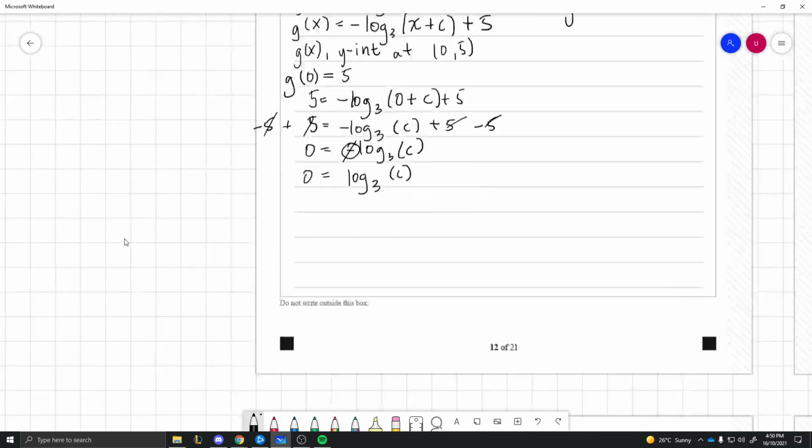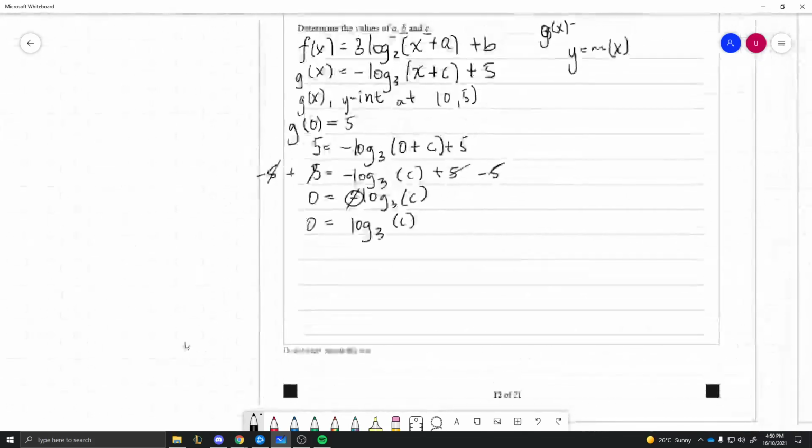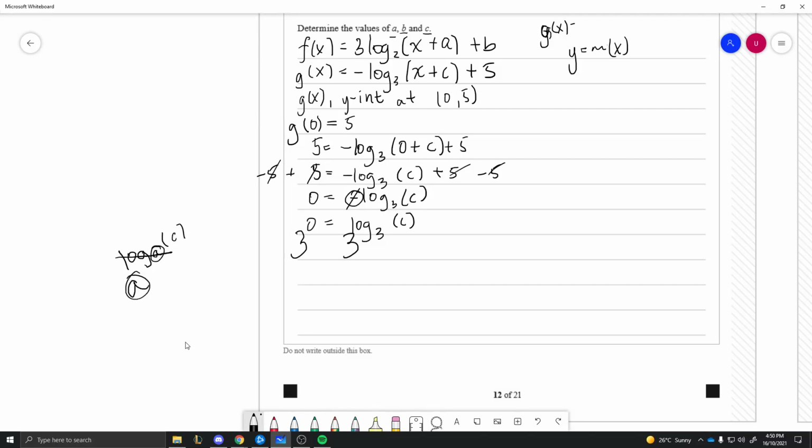Now you can make both sides the power of 3 to cancel the log base 3. Let's do c in here, for example. If you have a to the power of log base a of c, the a and log base a cancel, and you end up with just c.